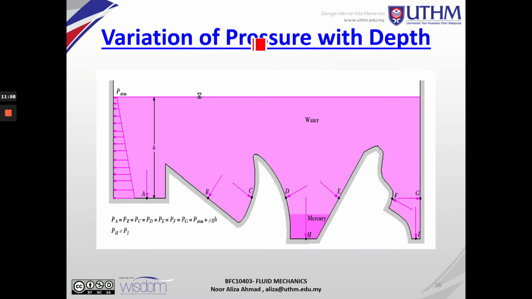Look at the variation of pressure with depth. We have points A, B, C, D, E, F, and G at the same level, with the same h. That's why the pressure at A is equal to the pressure at B, C, D, E, F, and G. With the same depth, PA is P atm plus rho g h, since the surface is open to the atmosphere.